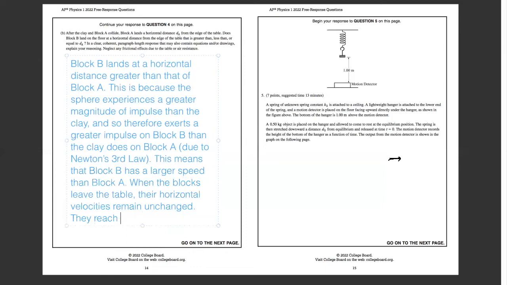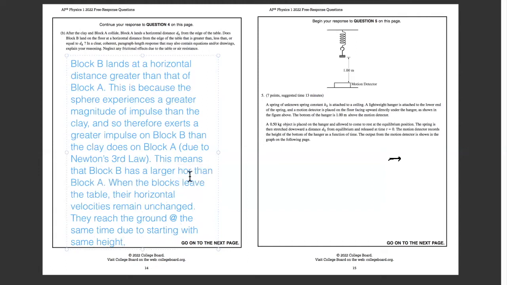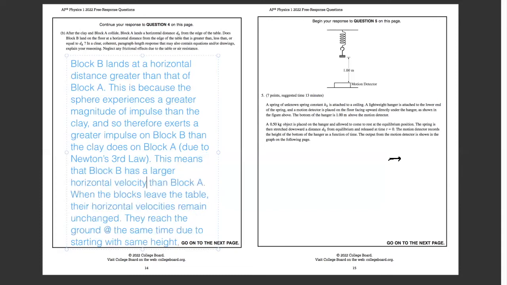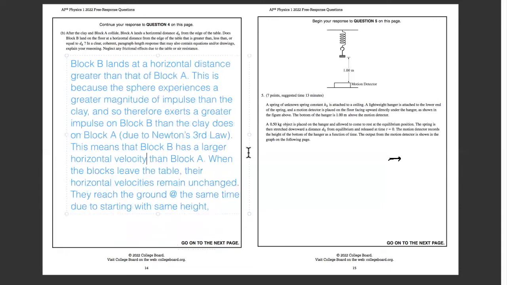Actually, I think I can just go ahead and jump to that. They reach the ground at the same time due to starting with the same height. In this sentence, I'm actually going to change it, and this means that block B has a larger horizontal velocity than block A. I think that's quite a bit clearer then.